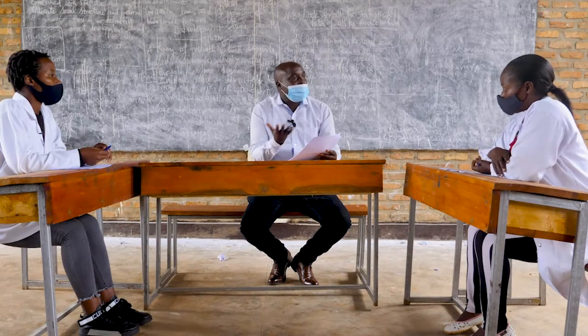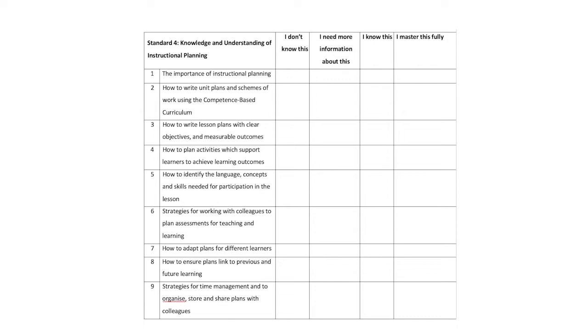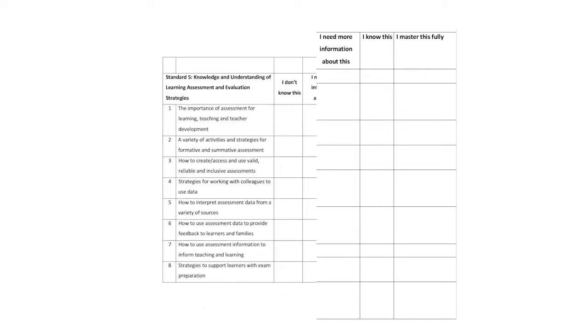For example, if you don't understand such a competence, you will tick, I don't know this. If you need more information about that competence, you will tick that. So it is from I don't know this to I master this fully. That is for domain 1 and domain 2.